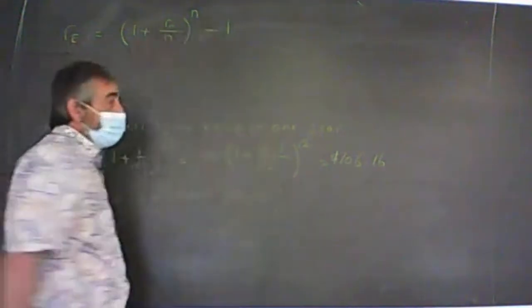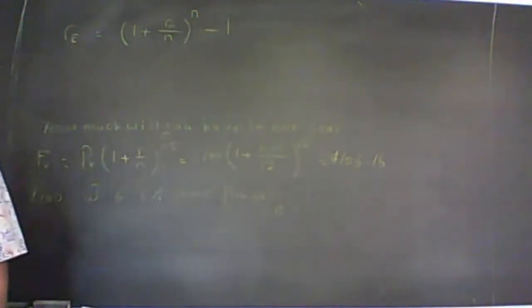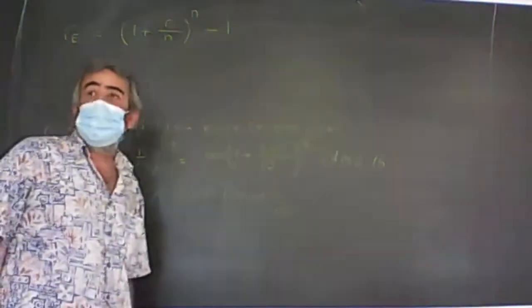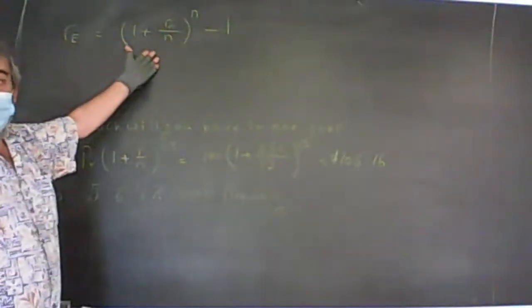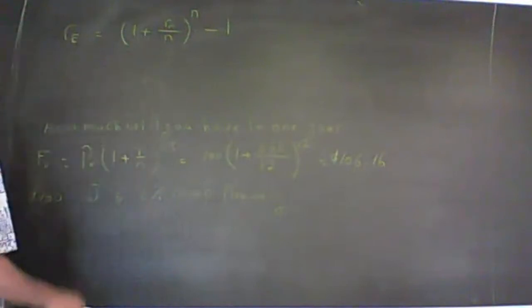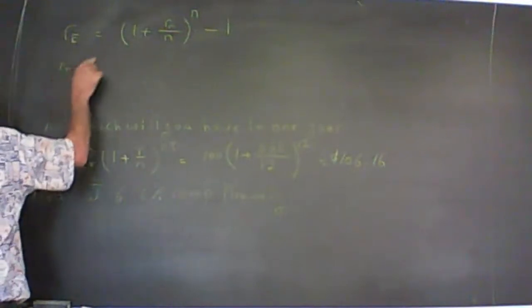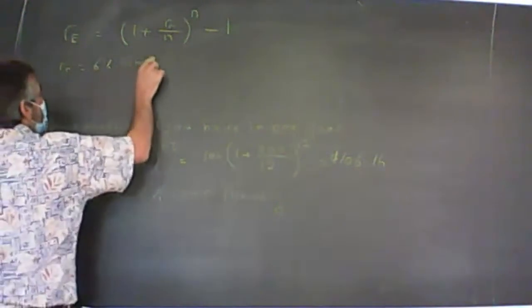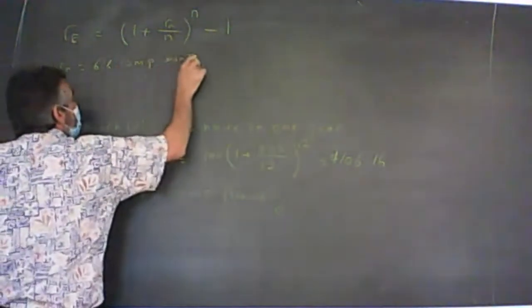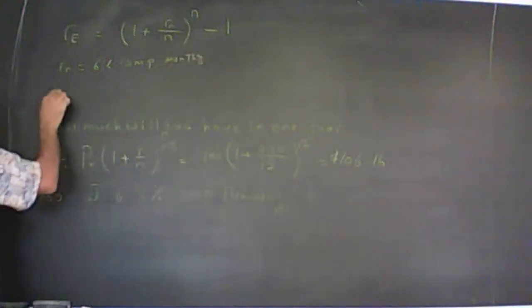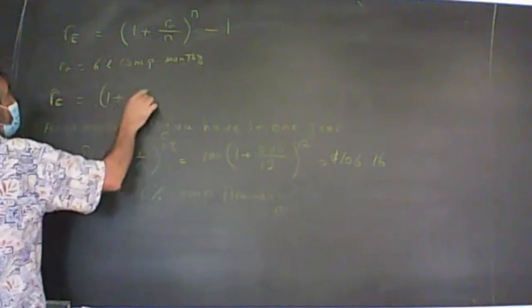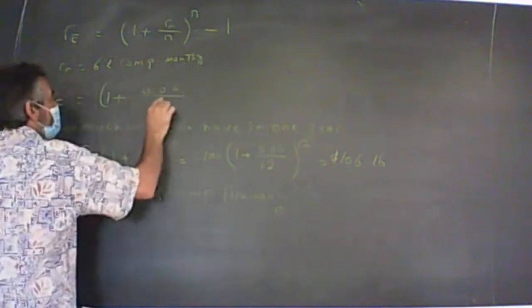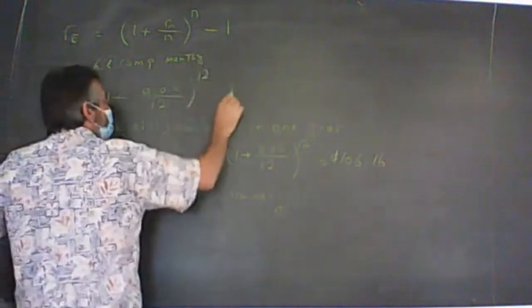So once you do this, you will find the relationship between the effective rate and the nominal rate. If R nominal is 6% compounded monthly, then R effective would be 1 plus 0.06 divided by 12, to the power 12, minus 1.